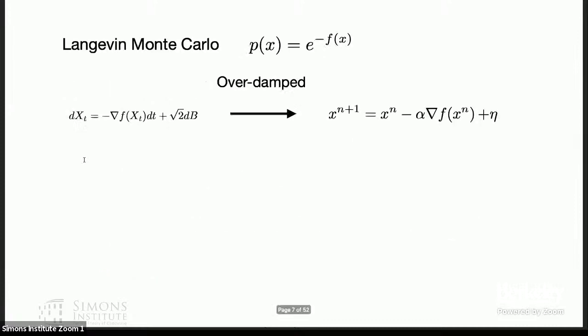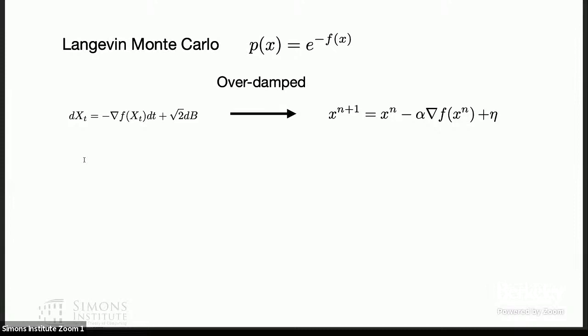So let's take a look. Overdamped Langevin Monte Carlo is the method developed from the overdamped Langevin dynamics. This is your stochastic differential equation. You have two terms balancing each other. One term drives you down to the equilibrium, to the minimum point, and the other term gives you the fluctuation.